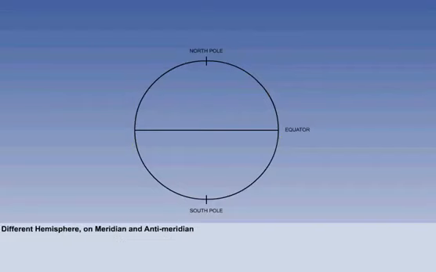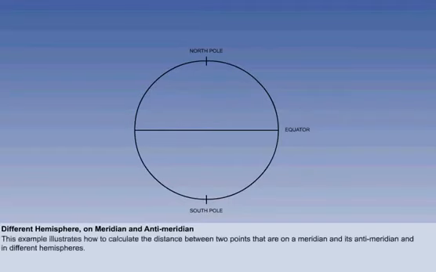Now let's look at 2 points on a meridian and anti-meridian in different hemispheres. What is the shortest distance between Tokyo, north 35°57', east 135°35', and Rio de Janeiro, south 22°10', west 044°25'?